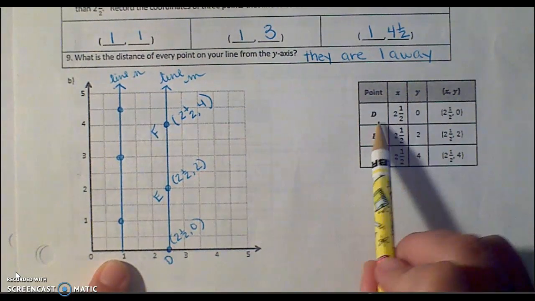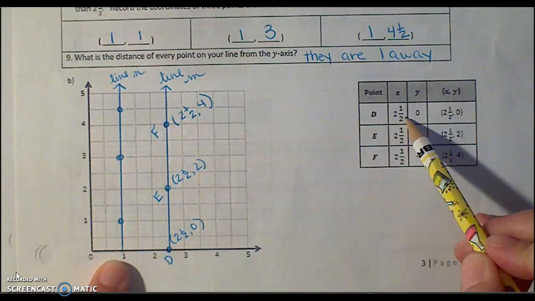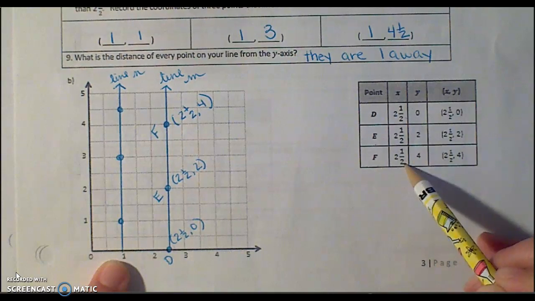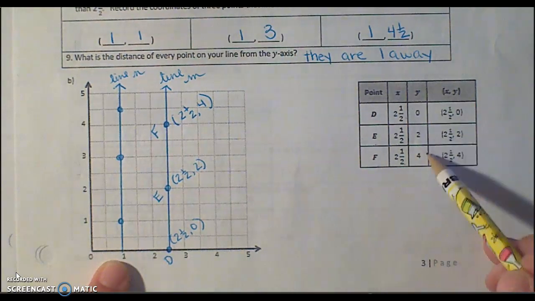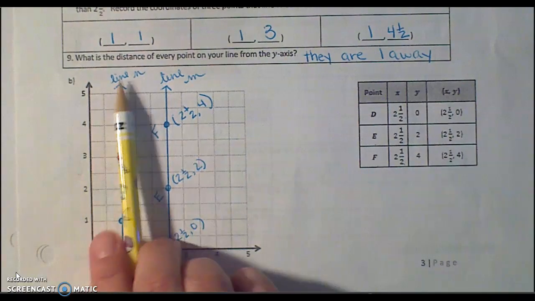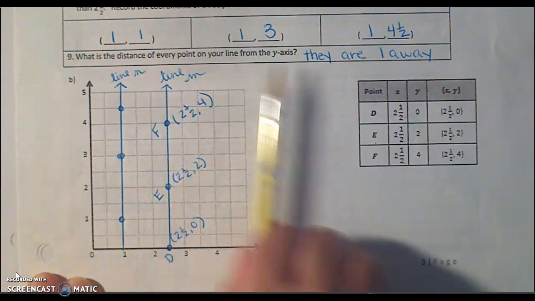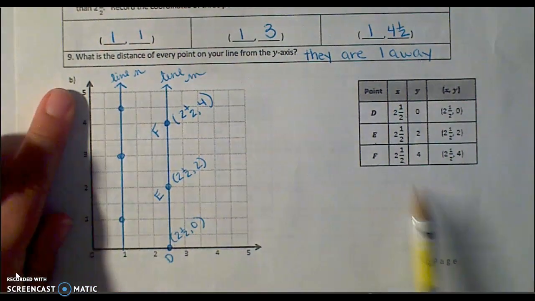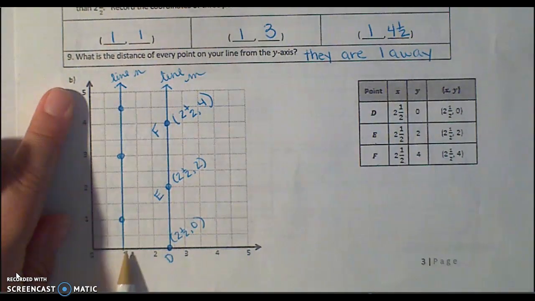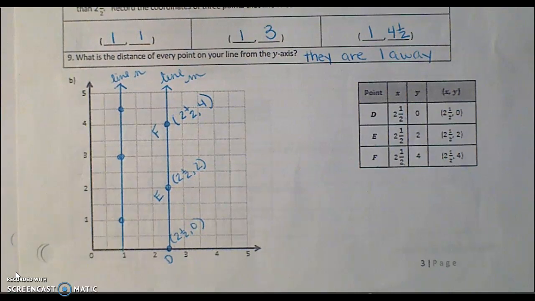So if you look here, point D is 2.5, E is 2.5, and F is 2.5. They all have a different y-coordinate this time. So we can make parallel lines to y if they have the same x-coordinate, and they would be perpendicular to the x-axis. Don't forget to do your exit ticket.